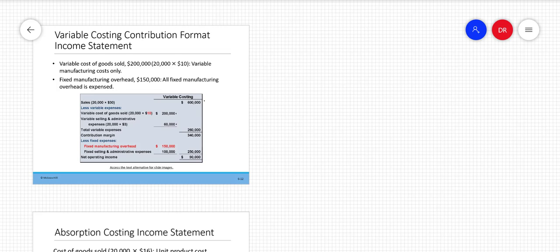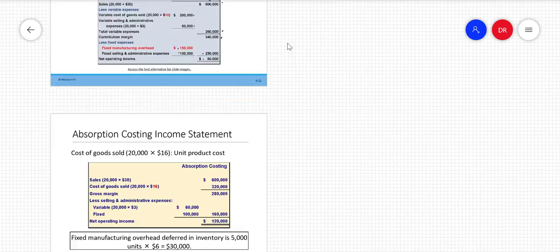So in a contribution approach, we take that out. We have a total then of $260,000 in variable costs. So our contribution margin is $340,000. We deduct fixed overhead here, fixed selling here, and that winds up being $250,000. So we have a $90,000 net income.